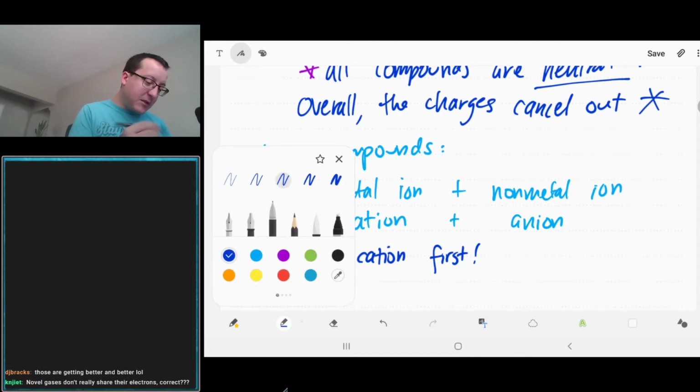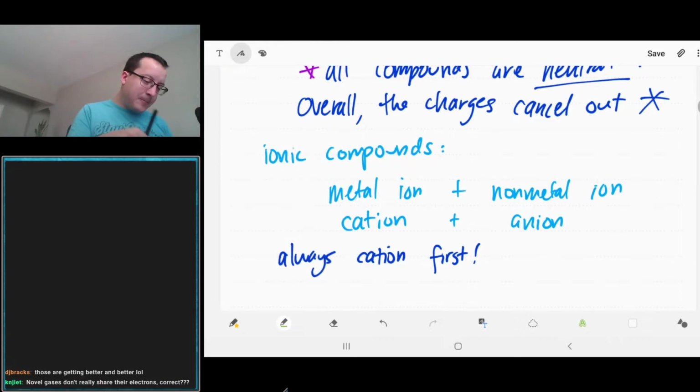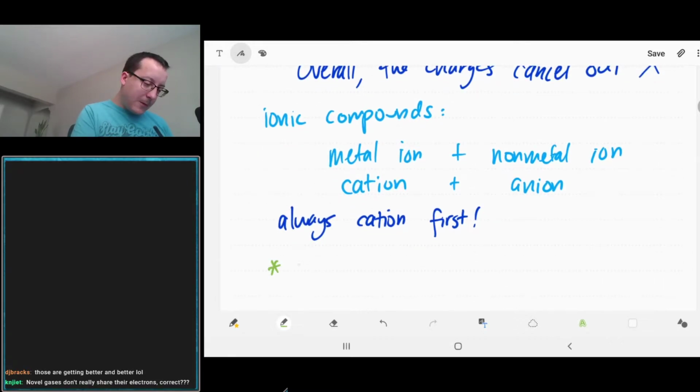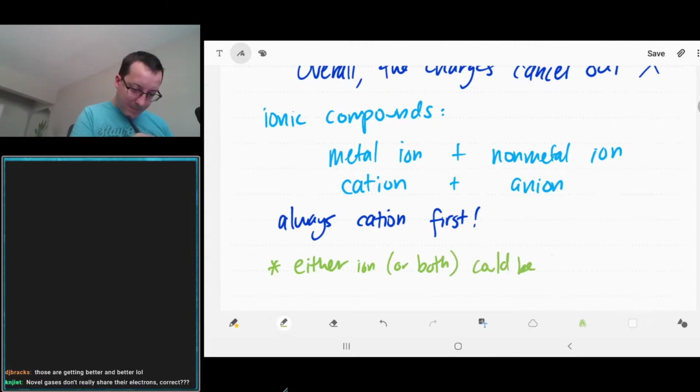One thing to note that we'll get into later: either ion or both could be replaced by a polyatomic ion.